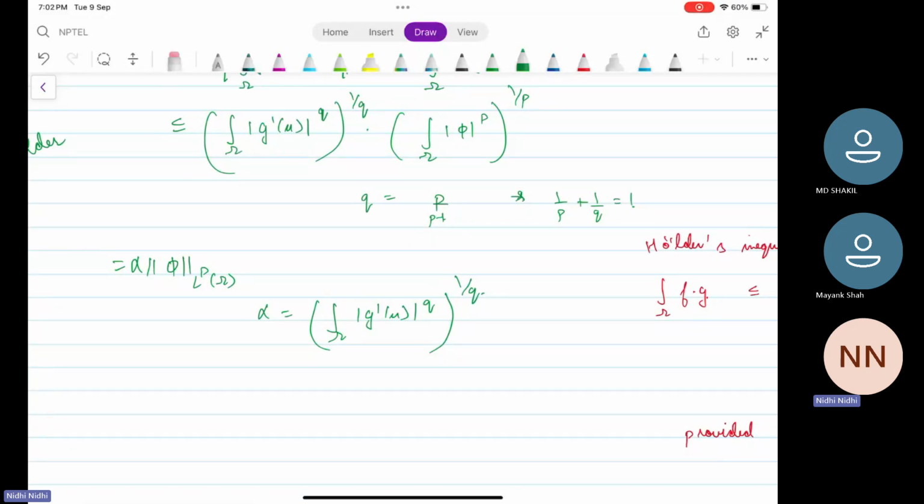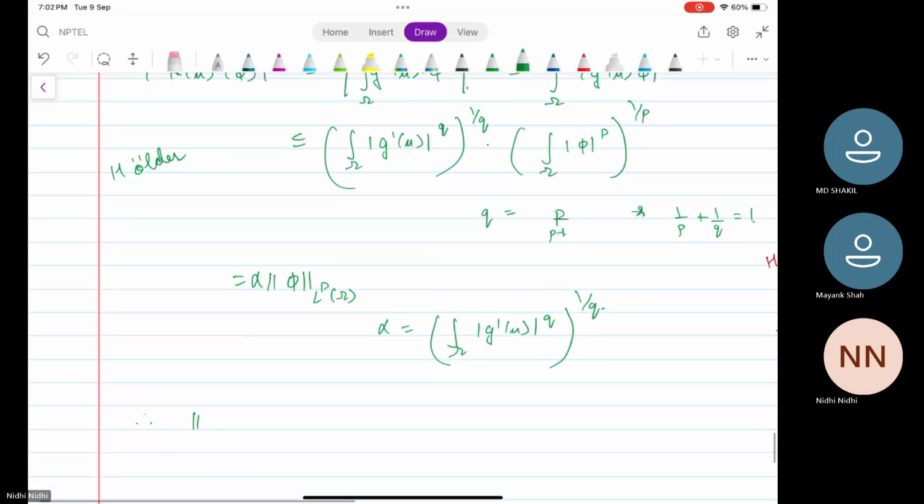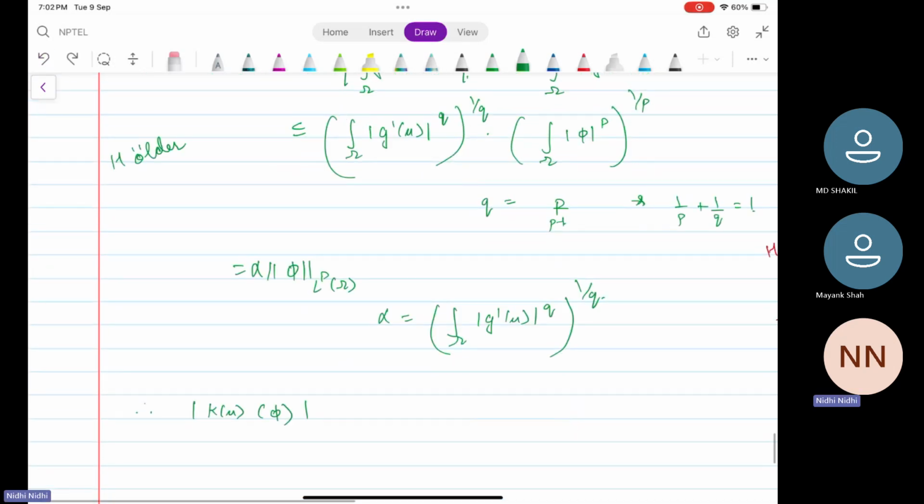Therefore g' is continuous and Ω is a bounded domain, so this integral is well defined. We take this to be alpha. Therefore, we get |Ku(φ)| is less than or equal to alpha times the norm of φ.